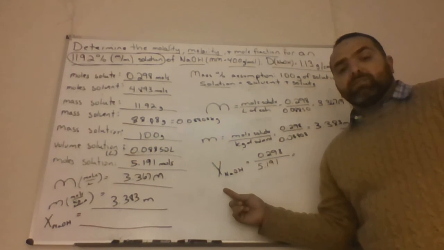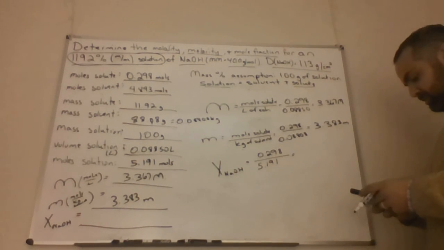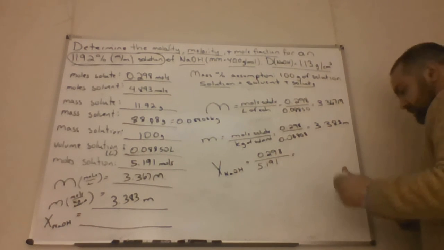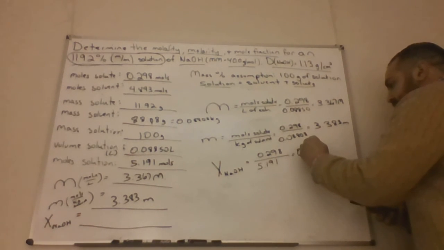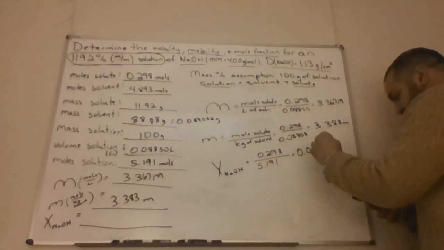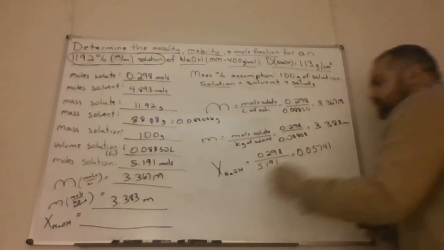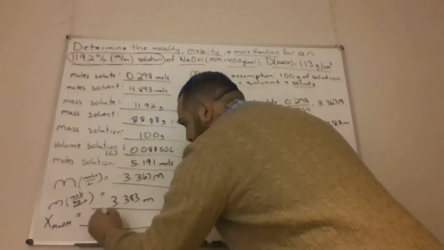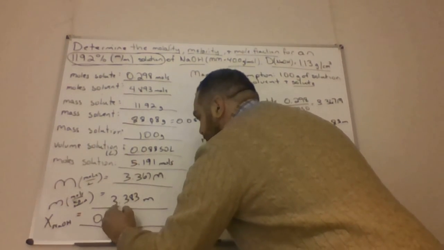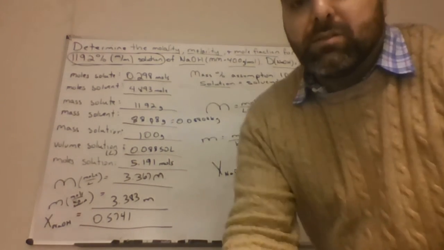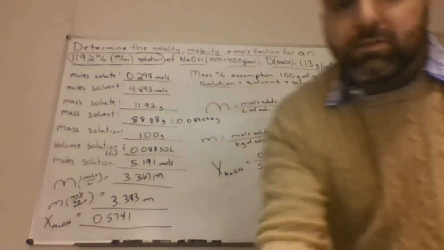If your mole fraction is greater than 1, you've done something wrong. 0.298 divided by 5.191, and we'll write it to four significant figures like this. And so this is the mole fraction of sodium hydroxide. And so that concludes today's lecture. Give me a second.